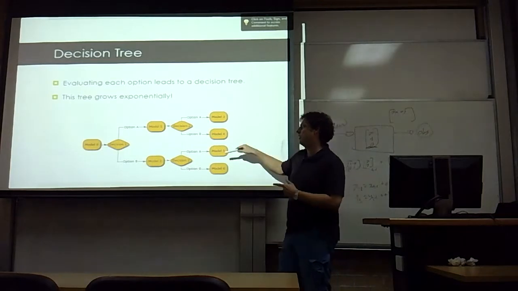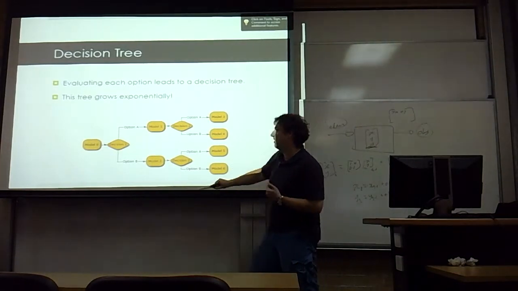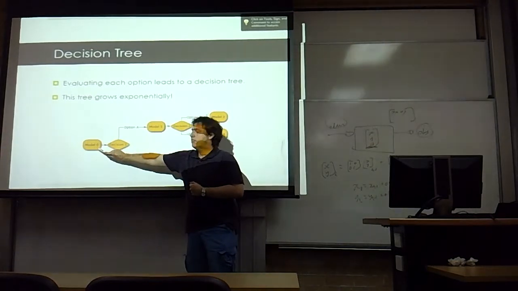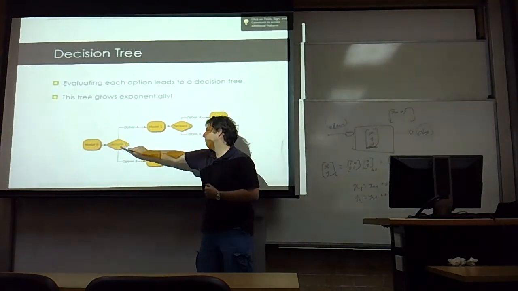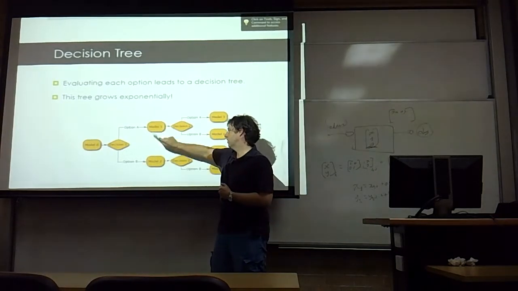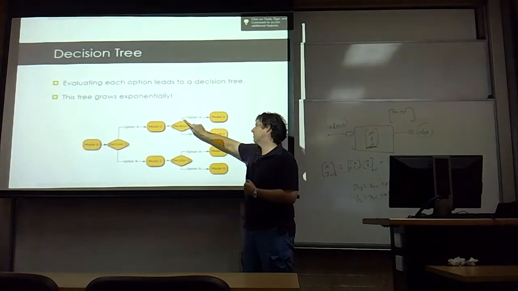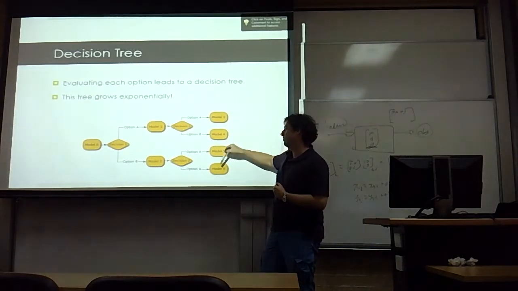This is just showing a binary decision, two separate decisions. You start off with one estimate. You try two different updates. This gives you two new models. You then have another decision, you do another two updates, and then you end up with four models.